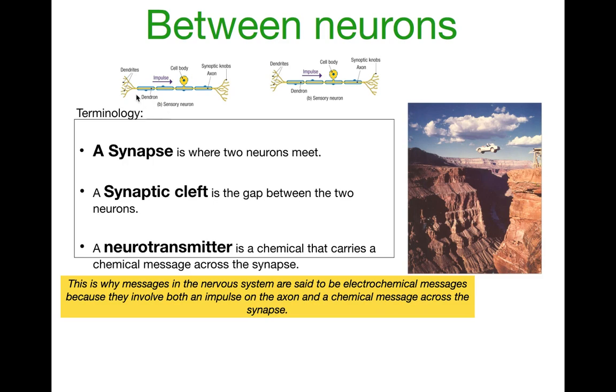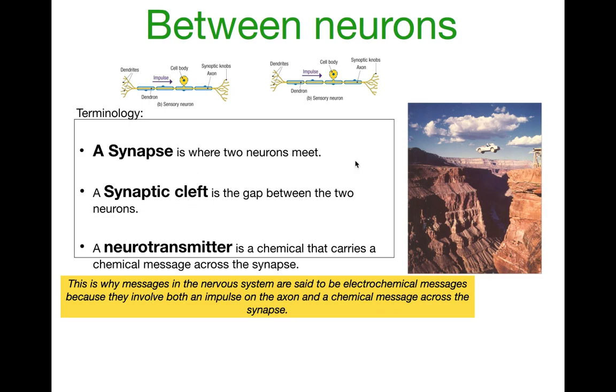And we need to pass the message here through the dendrites as an electrical message. And once we get to the synaptic knobs, we then need to pass it as a chemical message with a neurotransmitter onto the next neuron. To do that, we have to get across what we call the synaptic cleft.